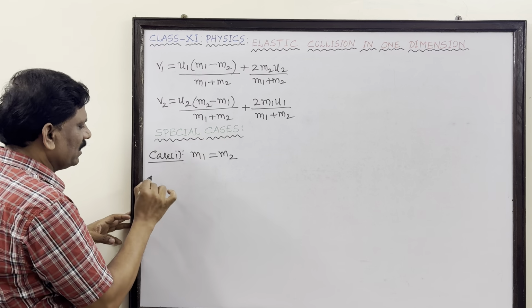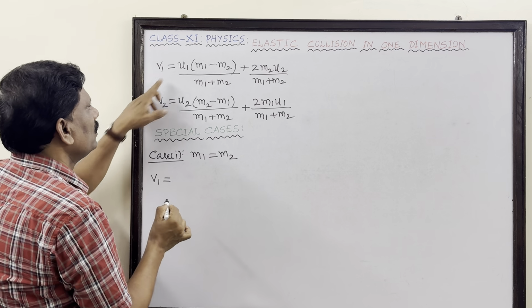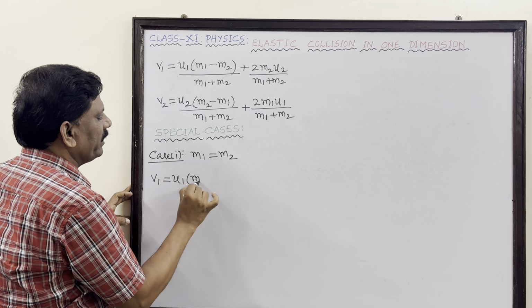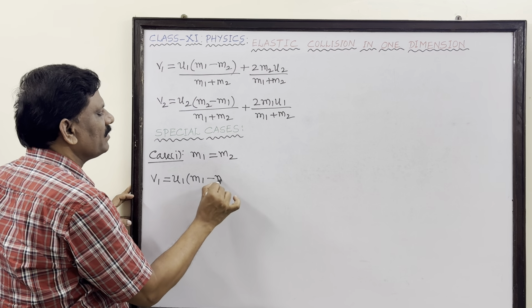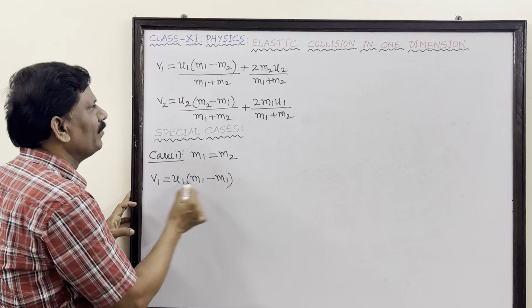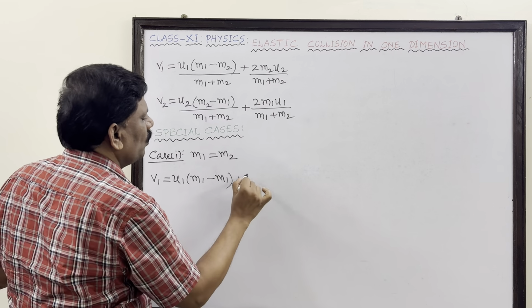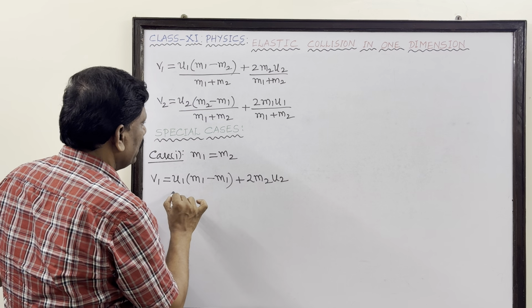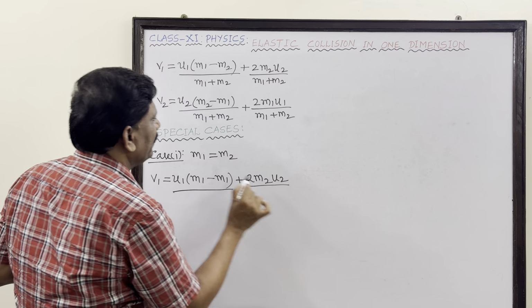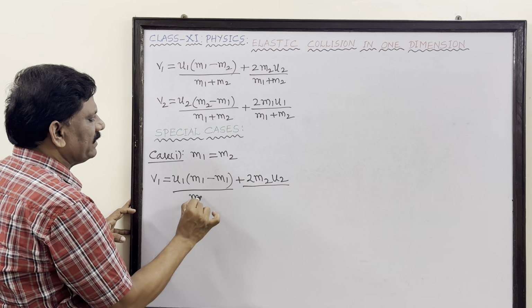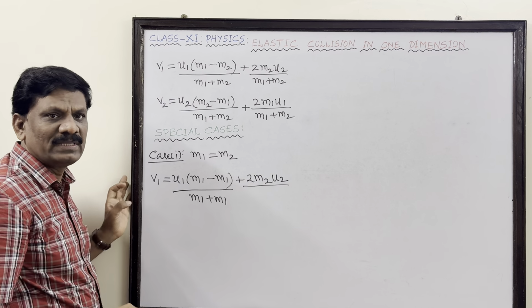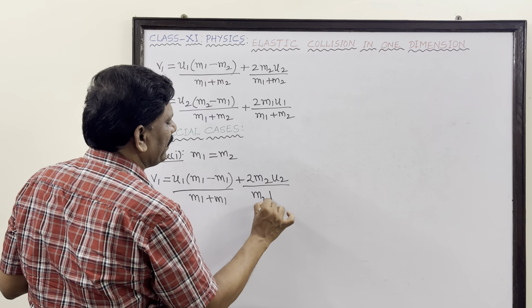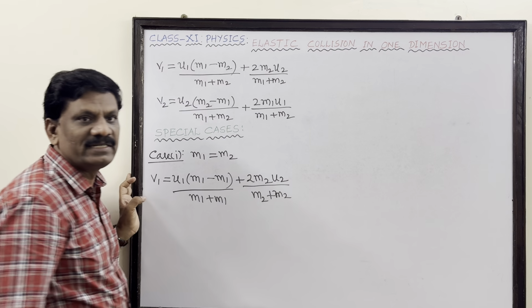In the first equation, v1 is equal to u1 into (m1 minus m2), and instead of m2 I substitute m1 because they are equal masses, plus 2m2 into u2, and the denominator is common, m1 plus m2. So this is m1 plus m1, and here I substitute m2 plus m2, both are one and the same. Like this also we can write.